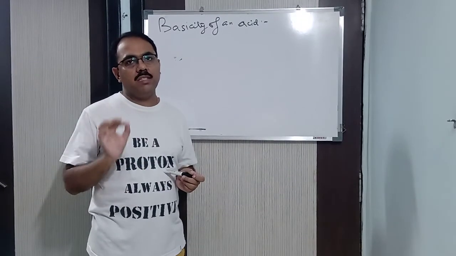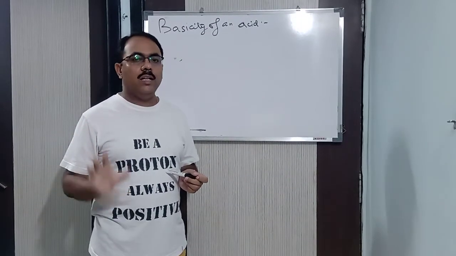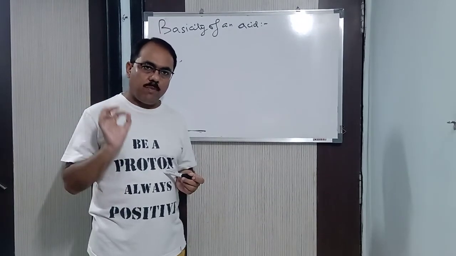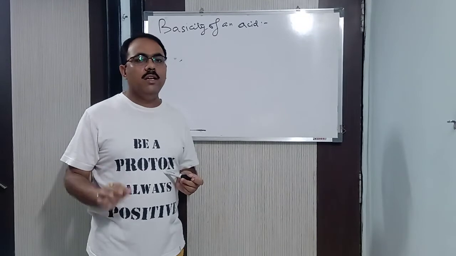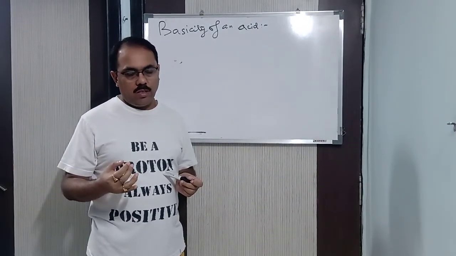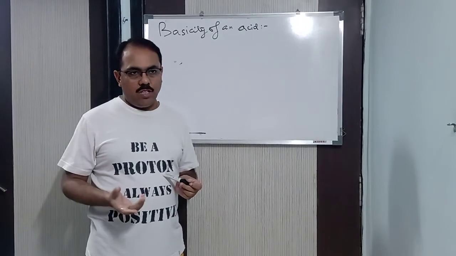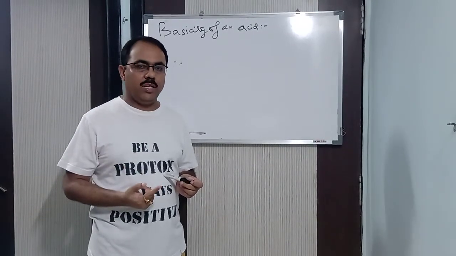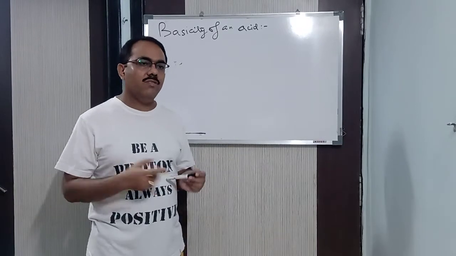The number of hydrogen ions or hydronium ions, that is H+ ions or H3O+ ions, which is being produced per molecule of an acid or per mole of an acid, is known as the basicity of an acid.